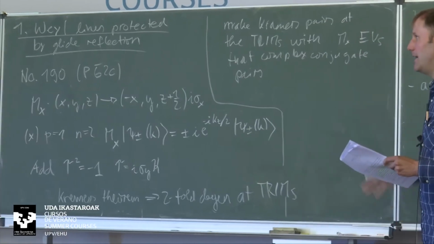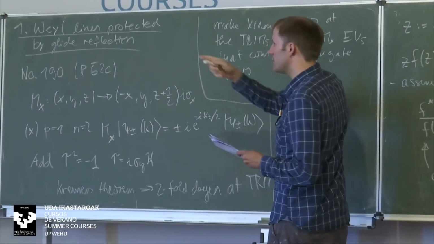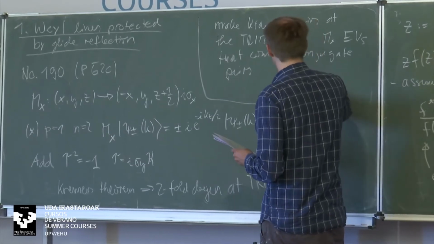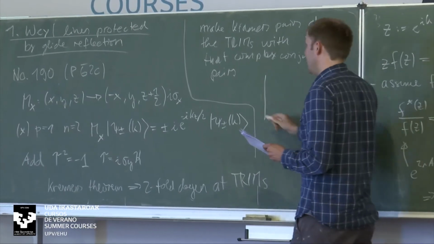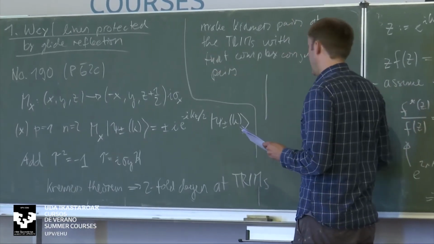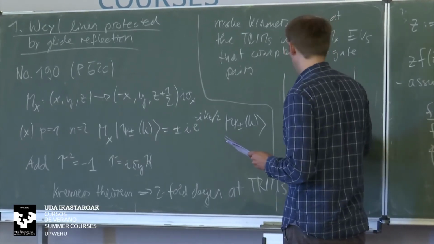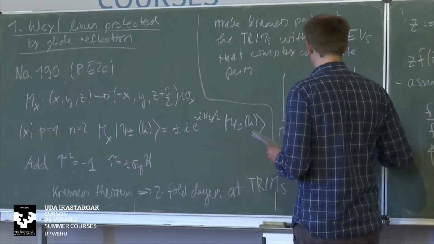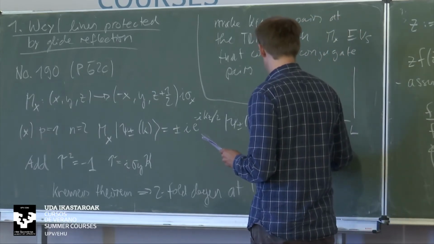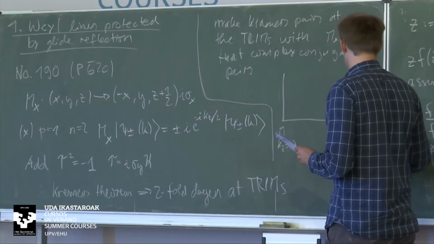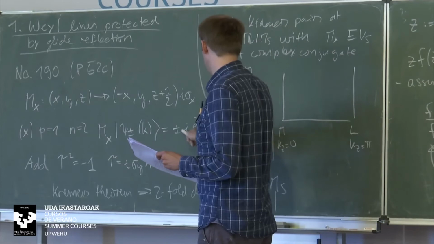Okay, so basically we can now go ahead and see how we can construct this. This is shown in this figure B. So I just draw here a line in this invariant plane k_x equals pi from the M point to the L point. At the M point k_z is 0, and here k_z is pi. So then I have to evaluate this expression.